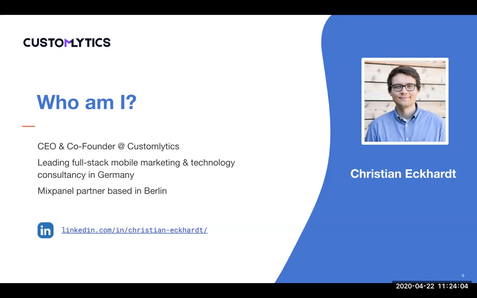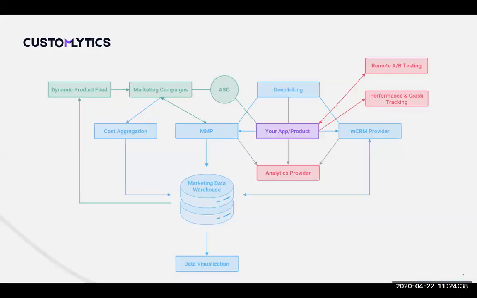And then in the second part, I will walk you through a step-by-step guide from real-world client projects, where you can see which steps are necessary to integrate a tool like Mixpanel or another product analytics provider, mention some of the frequent errors, and give you some practical advice that you can maybe take with you for your daily work. So if we move on to the next slide, please.